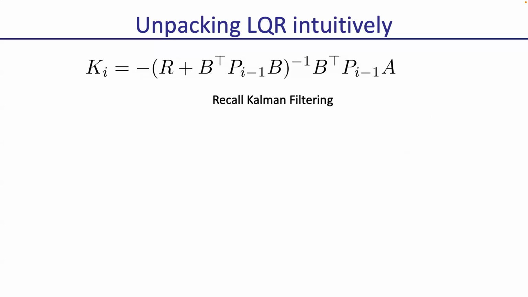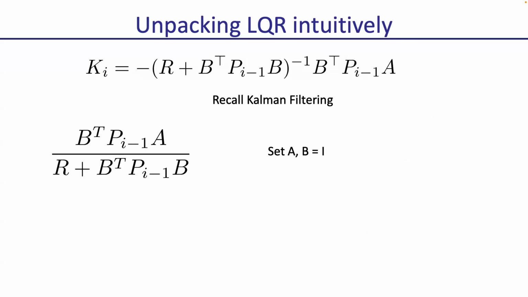Now, the K term in LQR is pretty similar. If you look at the K term in LQR, it's B transpose Pi minus 1 A over R plus B transpose Pi minus 1 B. Let's set A and B to identity to make everything simple. You can think of A and B as translating between different spaces.